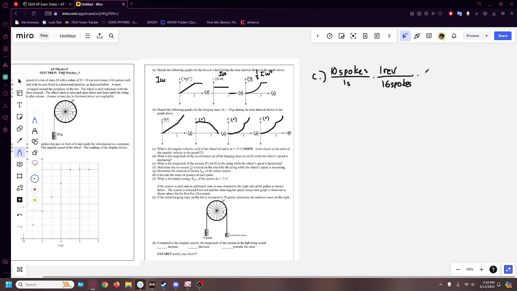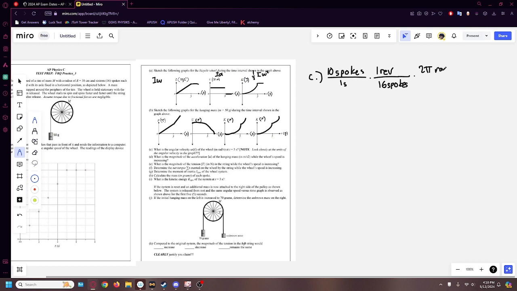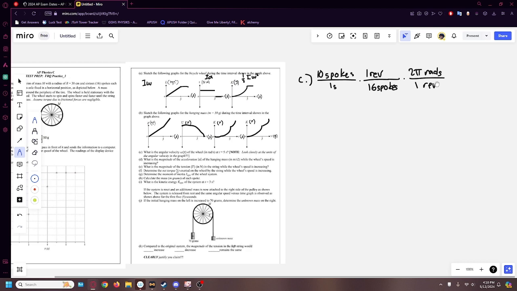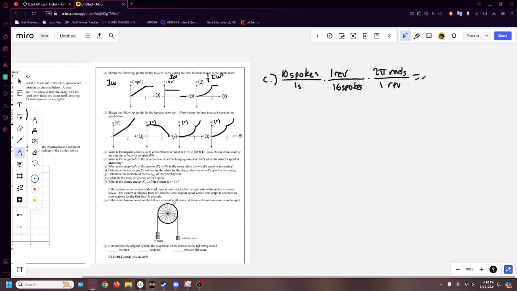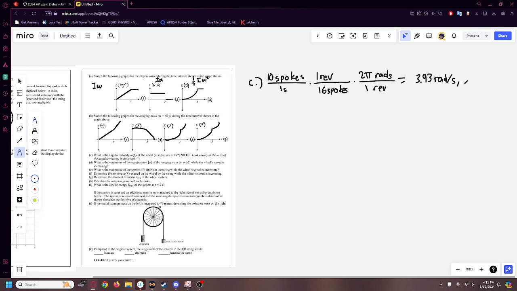And 1 rev is 2 pi rads. And when you multiply this, you get about 3.93 rads per second, and this would be going counterclockwise.